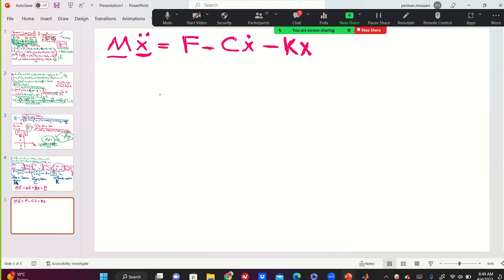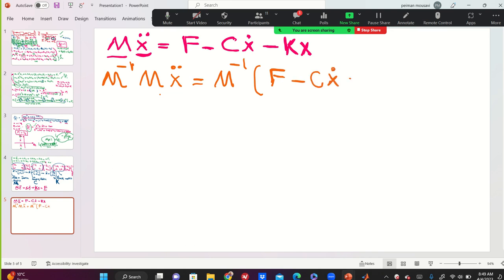Okay. How to find x double dot from here? Yeah, exactly. Man, how do we divide a matrix? You have to multiply by the inverse of that matrix. This is not a number, this is a matrix. What is this from high school or university level?